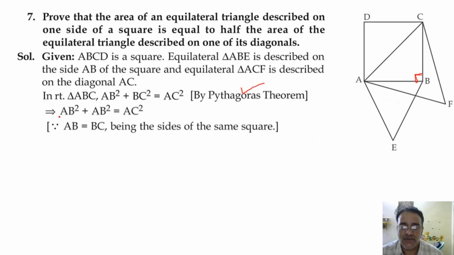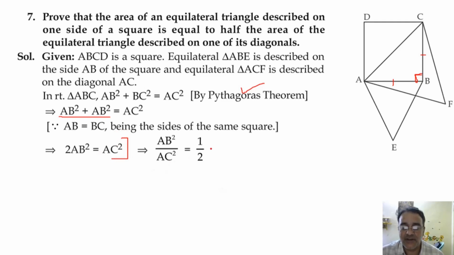AB and BC are equal, because they are sides of a square. So we can write AC square is equal to 2 times AB square. Is this step clear? Yes, sir. Okay, so AB square upon AC square will be what? 1 by 2.